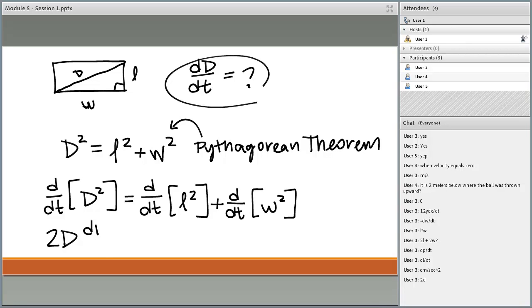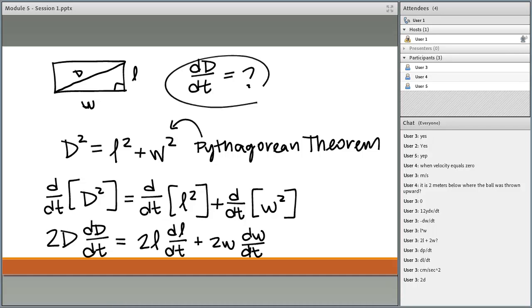So because the diagonal is also a function of time, I have to again apply the chain rule, so I get 2d dd/dt. And on the right side, 2L, and again, L is a function of time, it's changing with respect to time, so I get 2L dL/dt, plus 2W dW/dt.